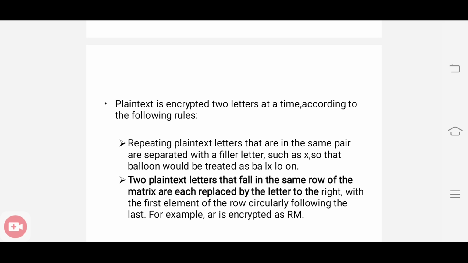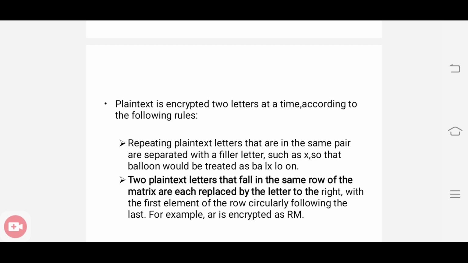Why are we using X between these two L's? Because they are repeating plain text letters. So we use X between them. Then divide: BA, LX, LO, ON.